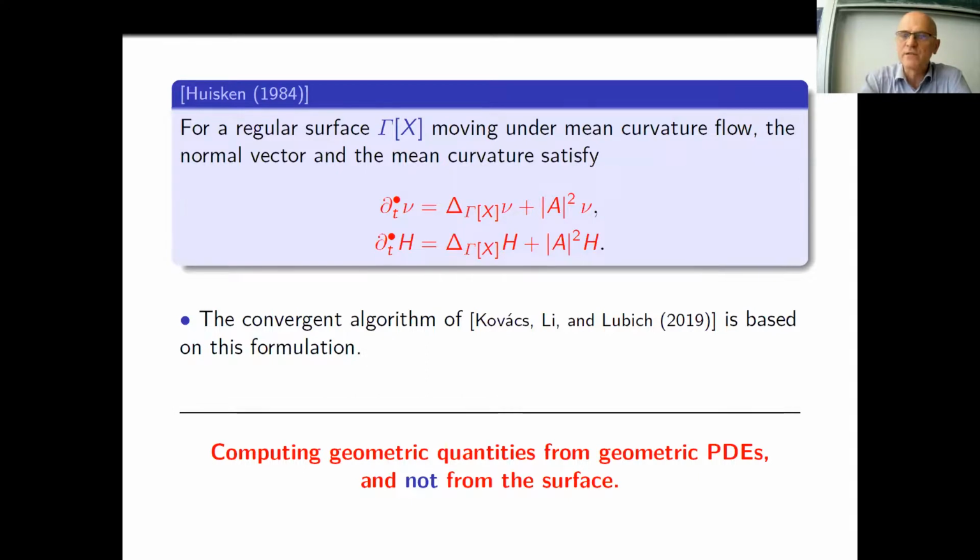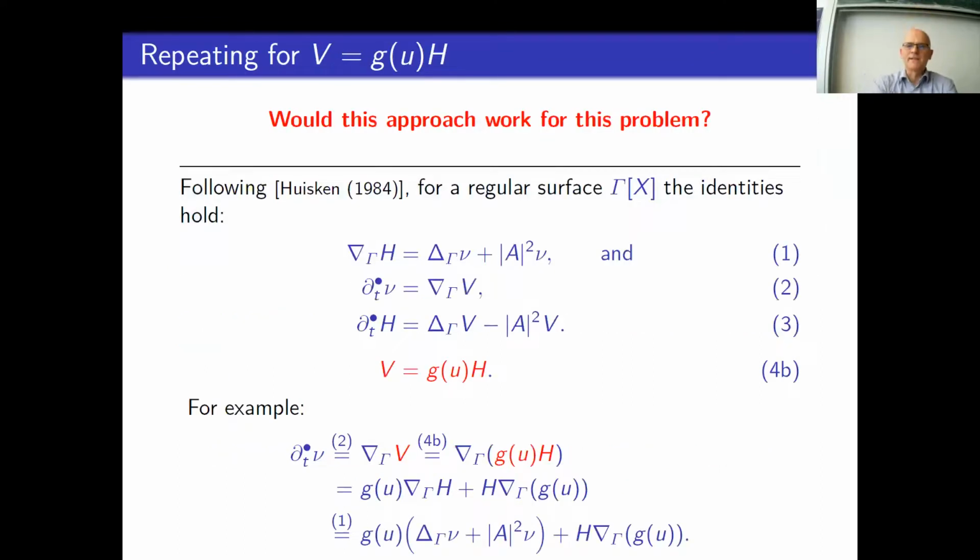This looks a little bit complicated, but when you do this, you get a lot of geometric information, and this can be used in numerical analysis because you have second order information and normal information taken into account. The question is, does this approach also work in our context?